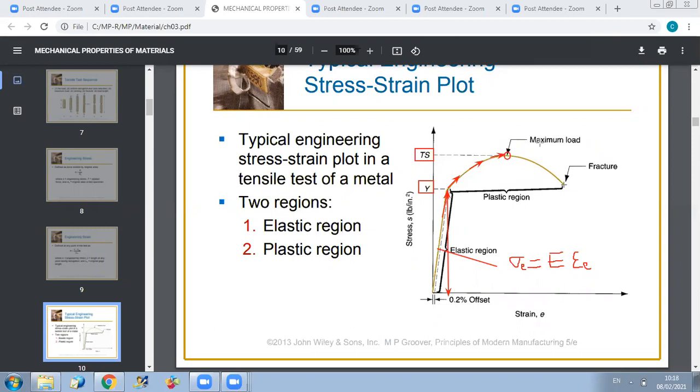So I don't need anymore to increase my force; I can apply lower forces to continue deformation. This is why after necking, the engineering stress will be reduced until the final point corresponding to the fracture. Okay? So now we will define together all these properties in the coming slides.